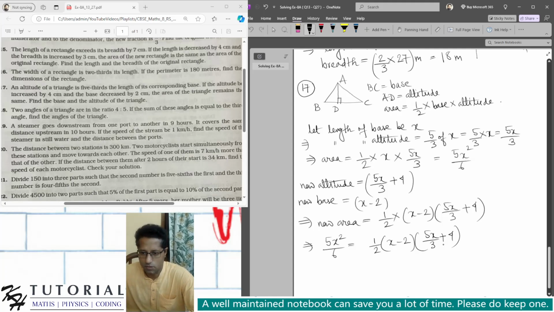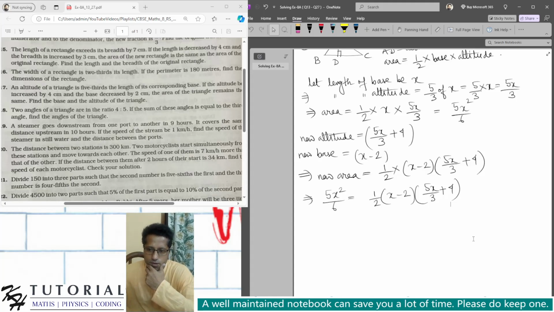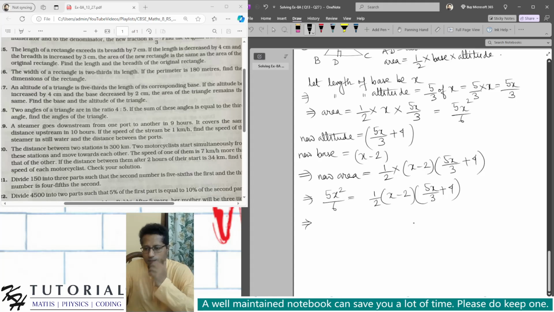We have to solve this equation, even though it does not look like a linear equation because we have x square on the LHS, but it will get reduced to a linear form if we simplify the LHS and RHS. Now, how do we solve this?